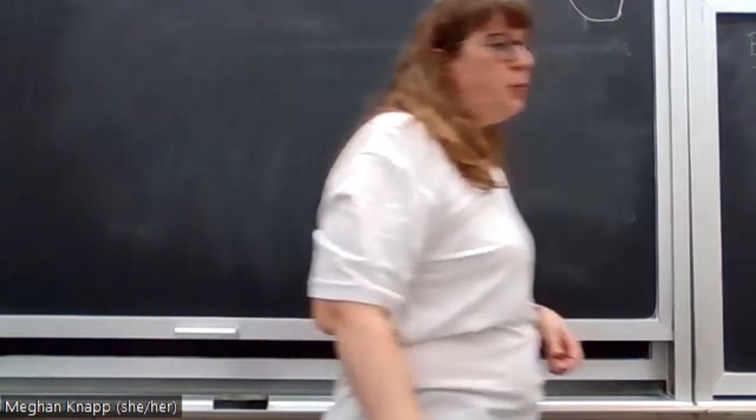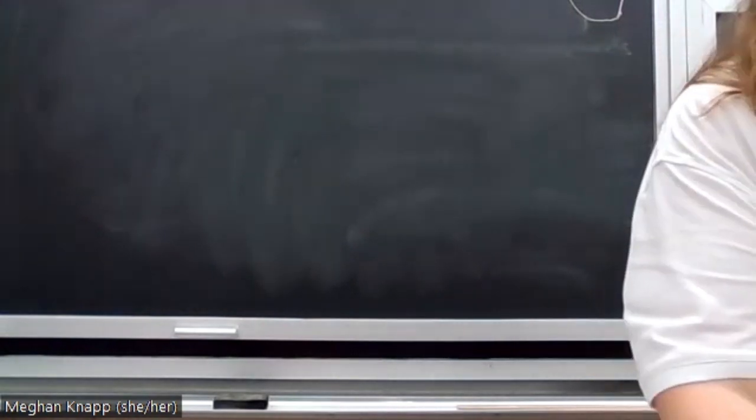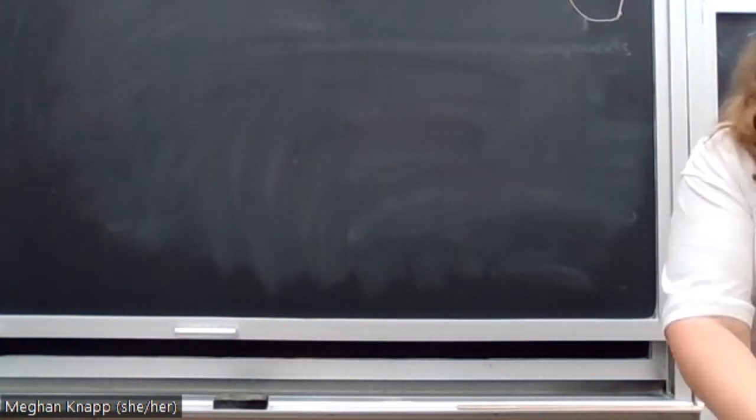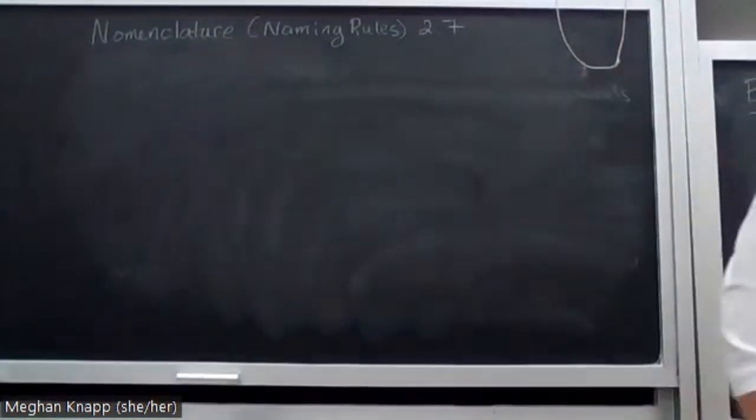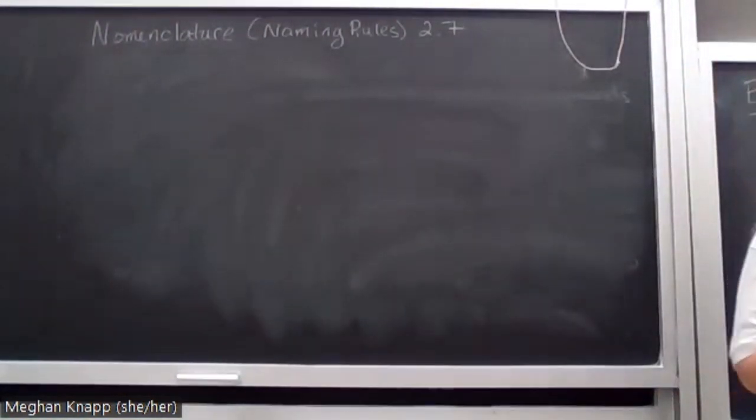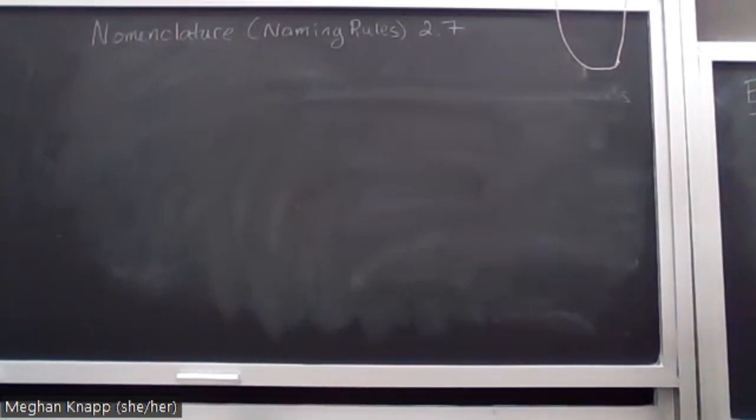This is in section 2.7. If you want to compare your class notes to what you were doing, let's tilt this so that you can compare your class notes to what you're reading in the book.